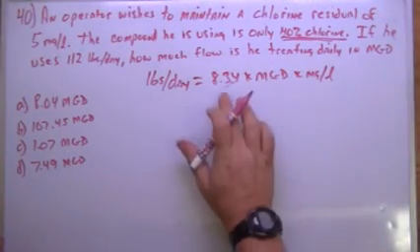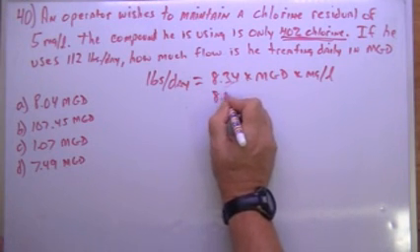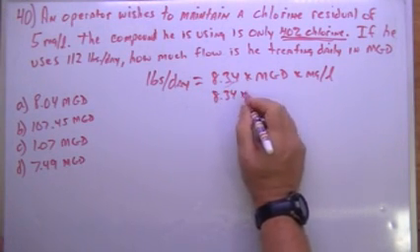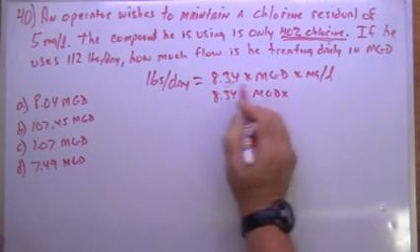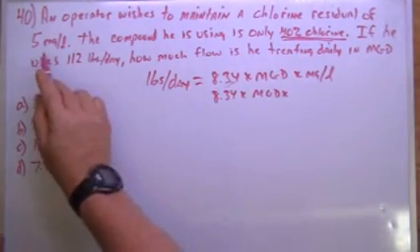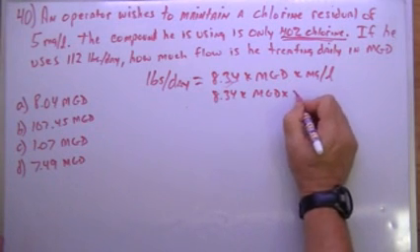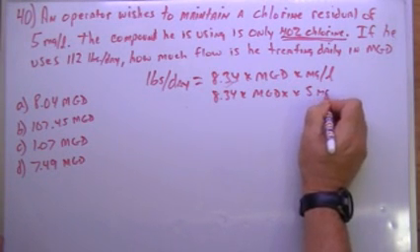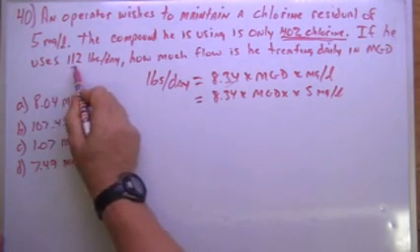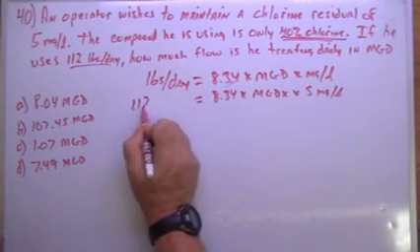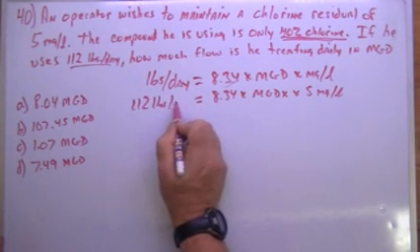We're just going to punch it in the way we do all the other ones. 8.34 times MGD times, all we have is 5 milligrams per liter. And on this side we have 112 pounds per day.